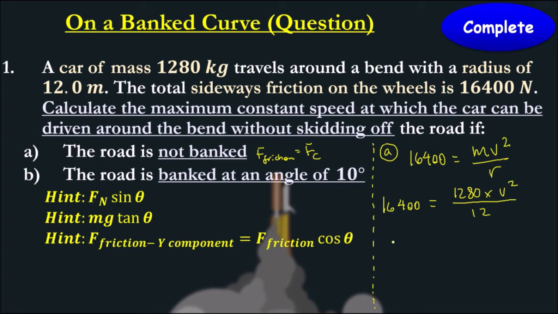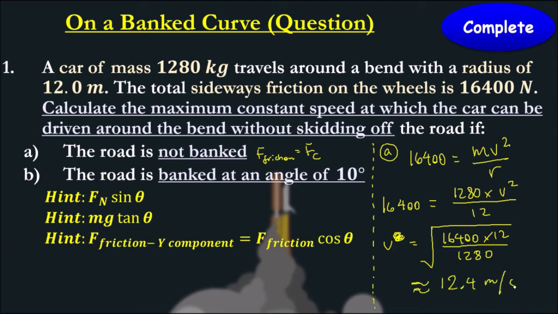Move everything to each side, and I'll get something looking along the lines of this. Now square root both sides, and you'll find that the velocity is roughly 12.4 meters per second. This one is relatively straightforward. It's mostly substitution and finding where the correct formula is placed.